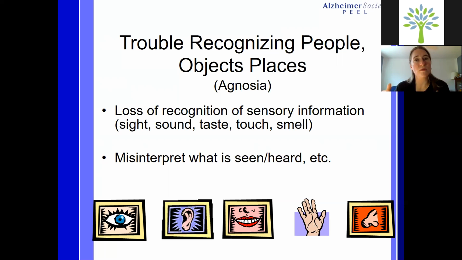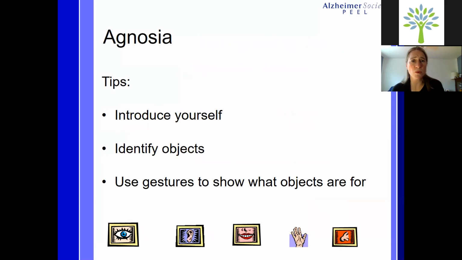So no wonder we see responsive behavior or issues in the community, sometimes around safety with objects or a misuse of objects, because there are so many things in our home that have a similar look, but the person misinterprets what is actually in that tube or what that object is actually for. So what are we going to do?